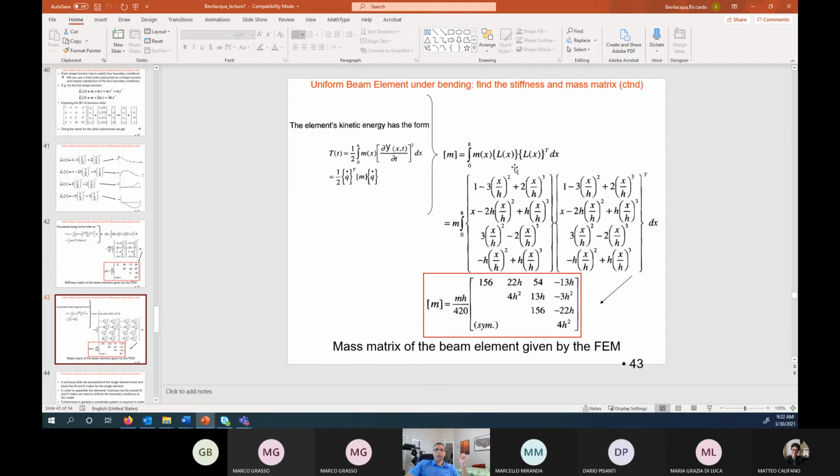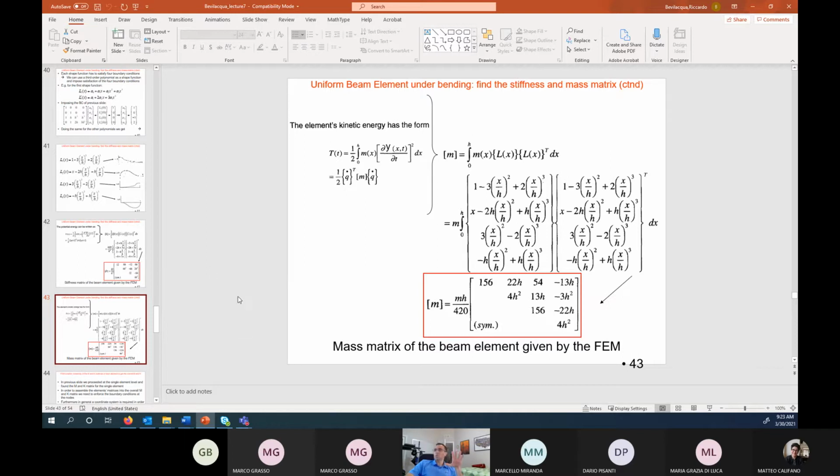But now I have my L functions, and I want this to look like 1/2 q dot transpose m, so I need to find q dot. Using my shape functions, eventually I can find the mass matrix that looks like this. Now this is a function of the length of the beam and its mass, as you can imagine. So this is the mass matrix for the beam element given by this finite element representation.